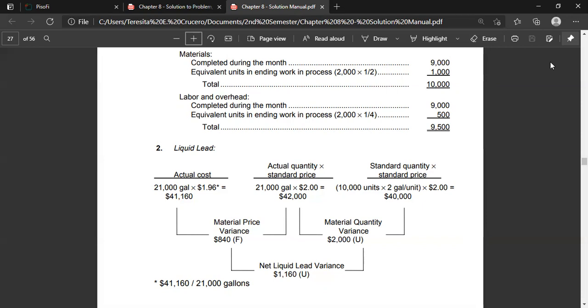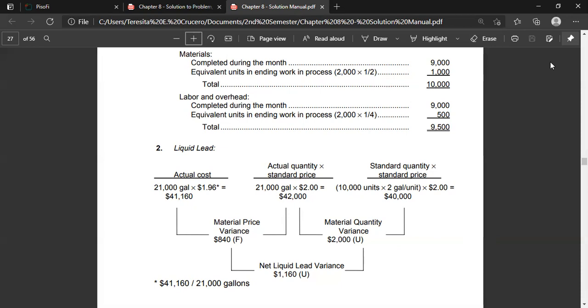So the difference in quantities actually is 21,000 minus 20,000. So it's 1,000 multiplied by $2, giving the material quantity variance equal to 2,000. That's unfavorable.